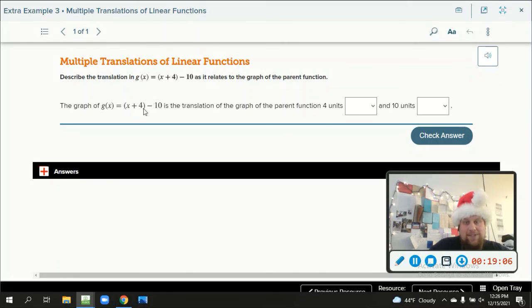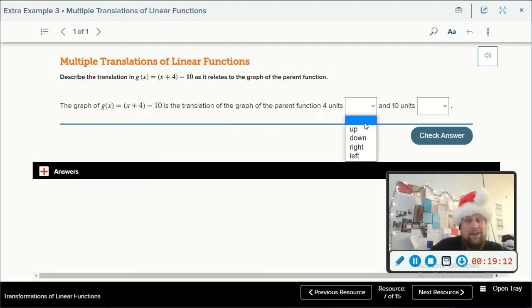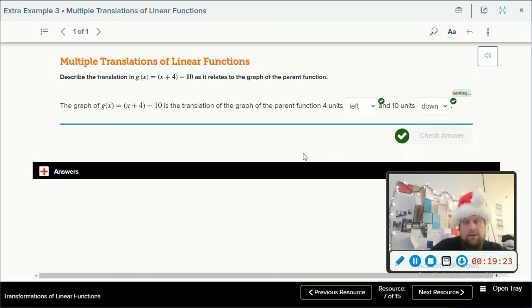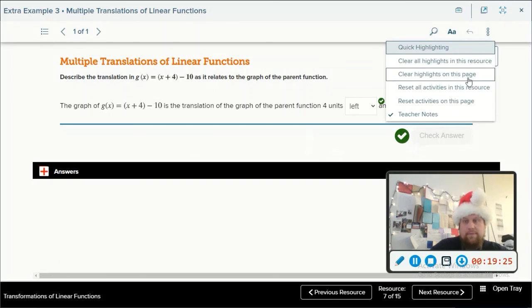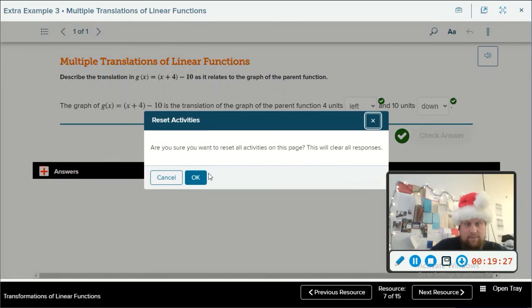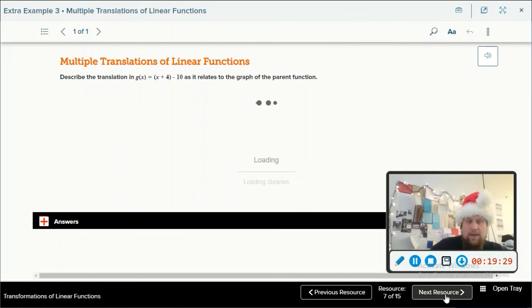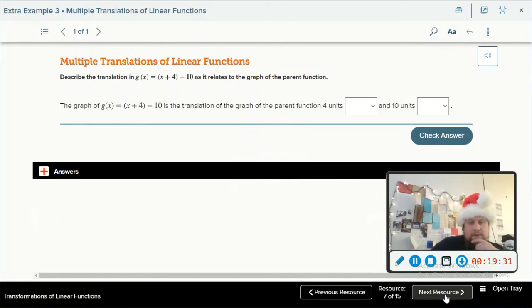Well, it's grouped inside, so that's horizontal, and since it's plus, it's going to the left. On the outside, it's not grouped, the minus 10. So since that's minus 10, it's going 10 units down. Boom, we got it right. Write that example down, pause if you need to, let's roll.